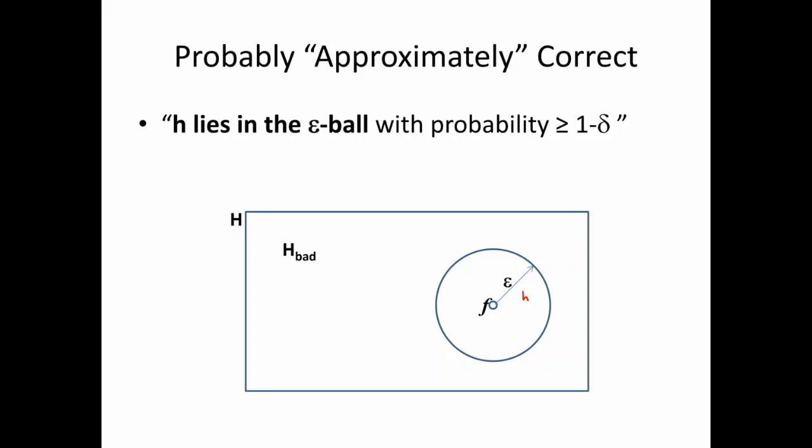So it's within an epsilon ball with some small epsilon. And everything outside of it we call H bad, or bad hypotheses. So say we might have a really bad hypothesis here. So H(x) is always classify as cancer. And H is the entire set of possible hypotheses.